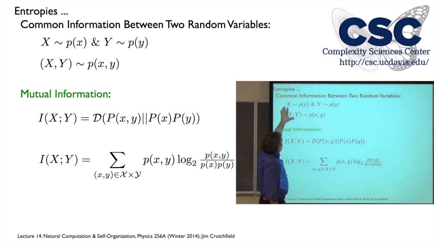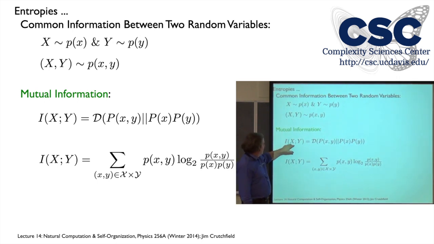Now, a related quantity, in many ways much more fundamental, is this concept of shared or common information between two random variables. So again, we have two random variables, and now we're going to assume we have a joint distribution between them. Shannon introduces something called the mutual information, denoted x semicolon y. Some of us are now using colons here, but you'll see in Cover and Thomas it's a semicolon for historical reasons.